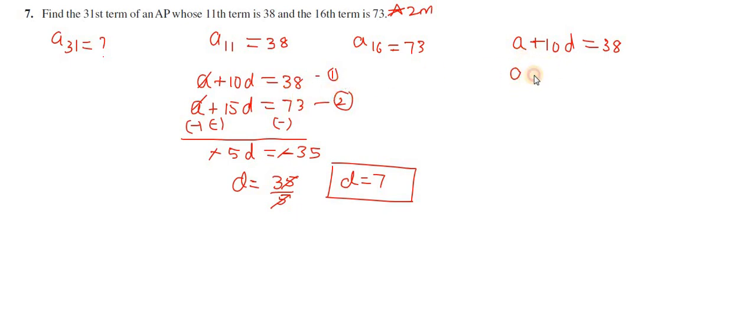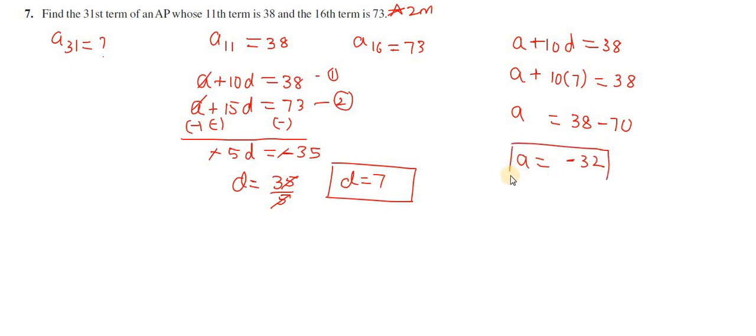So A plus 10 into 7 is equal to 38. So A is equal to 38 minus 70, which is nothing but minus 32. So A value is minus 32.